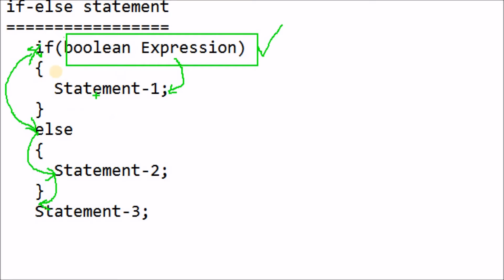Here, any one of these two statements, statement 1 or statement 2, is executed. If statement 1 is executed, statement 2 won't be executed, because if the boolean expression is true, then this is executed and control comes out. If this is false, then it goes to the else block, the else block is executed, and then comes out of this block.